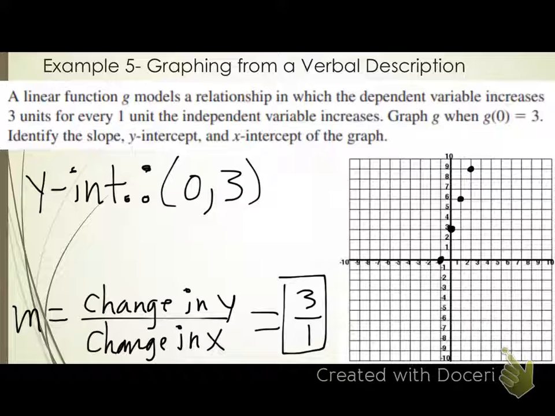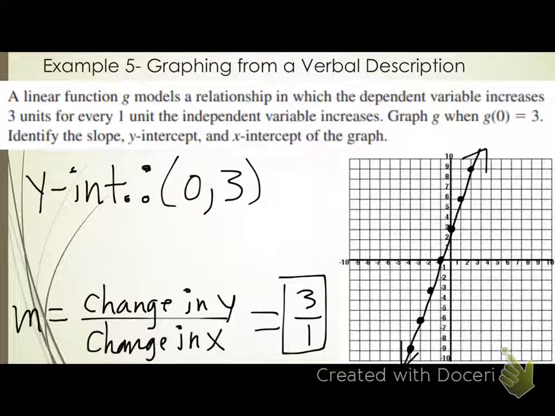Down 3, left 1. Connect your points with the line. Put your arrows on your line.